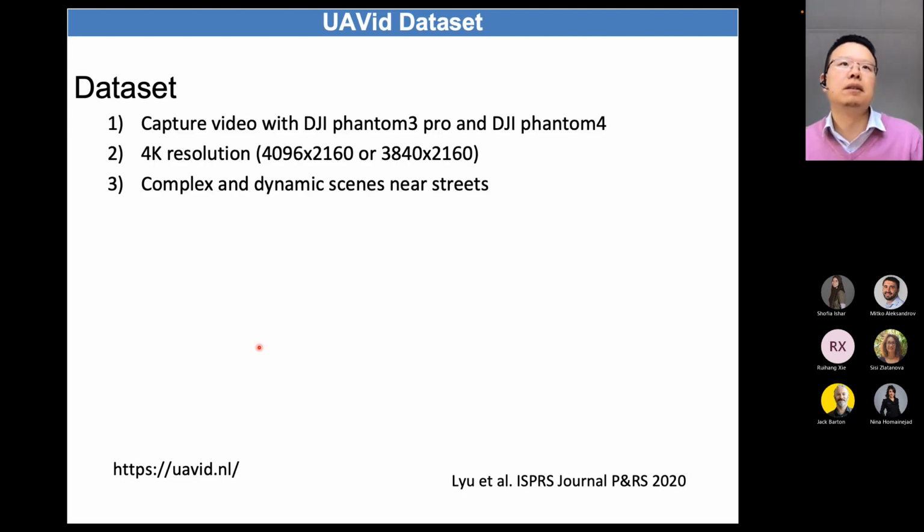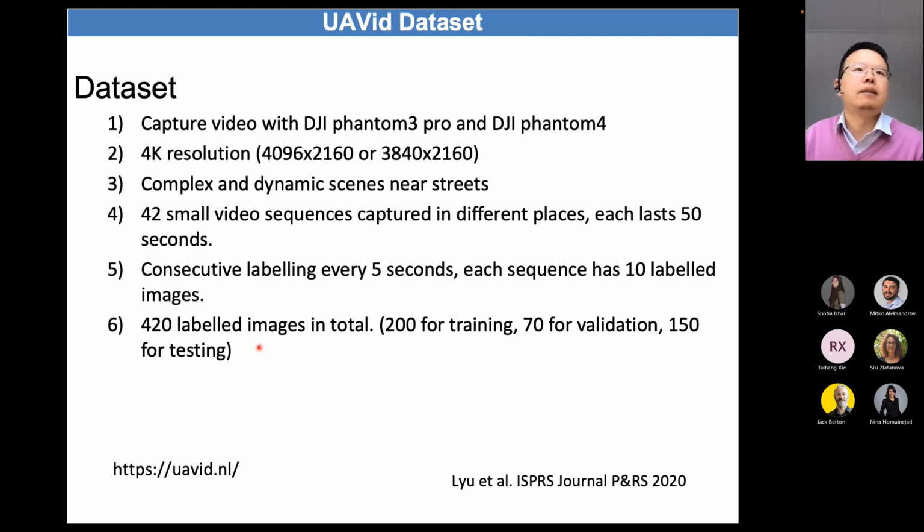It was captured with DJI drones, the Phantom 3 and Phantom 4, so it's quite flexible, and we have very high resolution. On purpose, we captured data of very complex and dynamic scenes near the street. In the end we captured more data, but then we have to label it, and annotation is really costly.